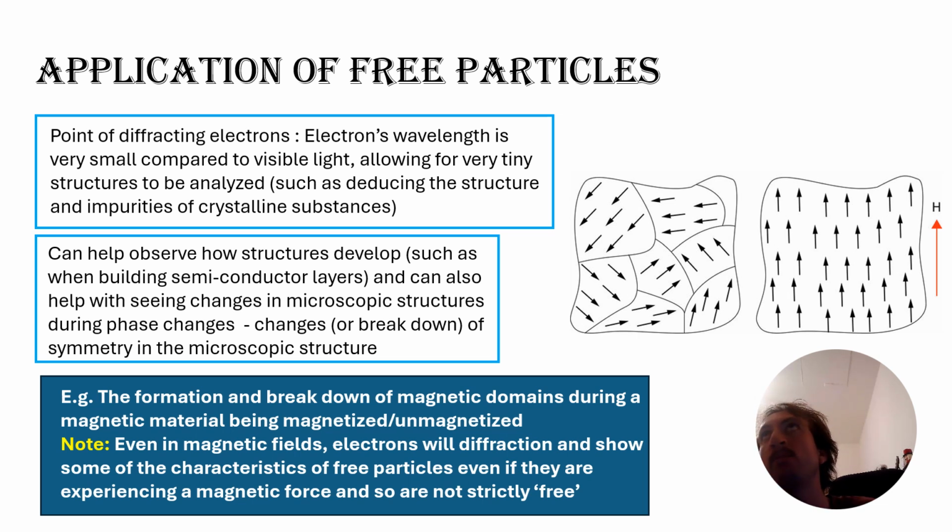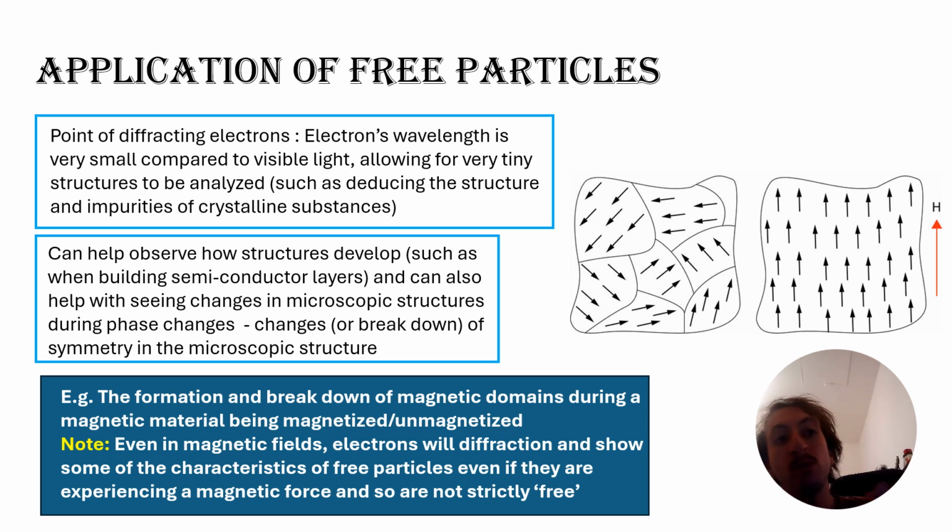If you see my video on quantum spin, you'll know that certain elements are naturally magnetic, or that atoms are naturally magnetic, because electrons having quantum spin essentially generates a magnetic field.